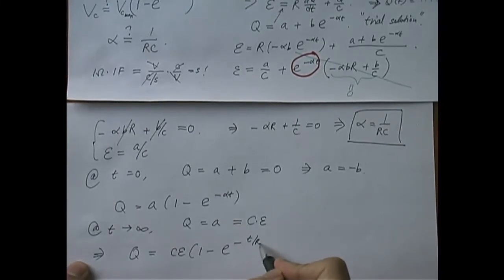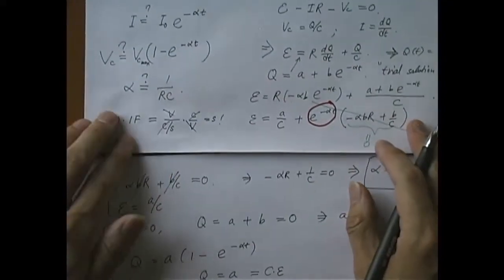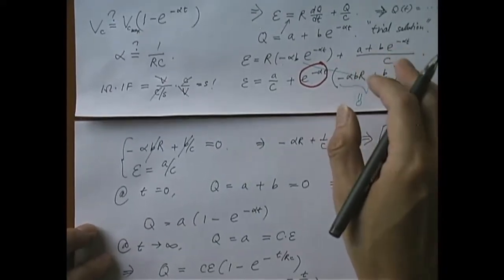t over RC. Okay, that is the solution for q, and that gives us VC, which is simply q over C, and that is just epsilon times 1 minus e to the negative t over RC. Now compare this with what we got over here, our guess. Look at how clever we guessed it without any detailed calculation.